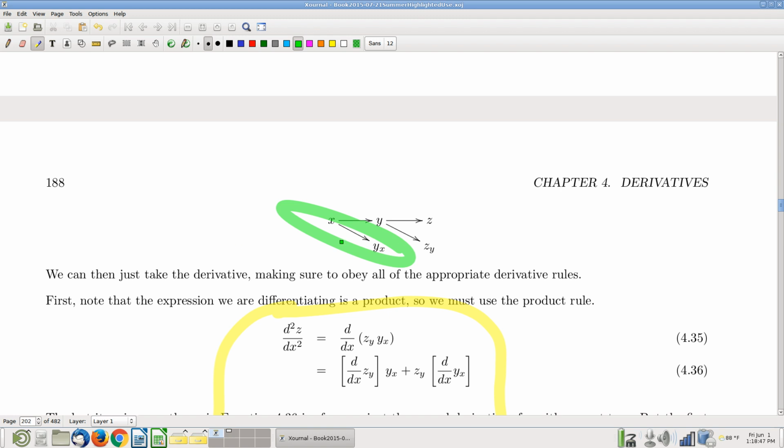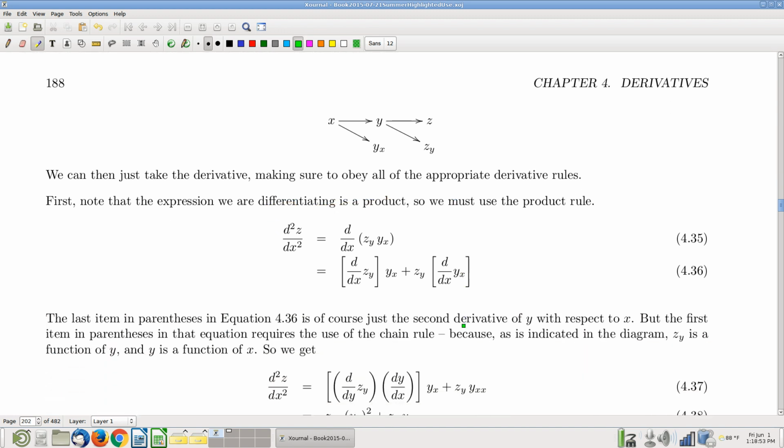So we have a new diagram to work with. And now let's take our next derivative. That was the first derivative, our first derivative chain rule. If I want to take an x derivative of that, to give the second derivative of z with respect to x, well, here we go.